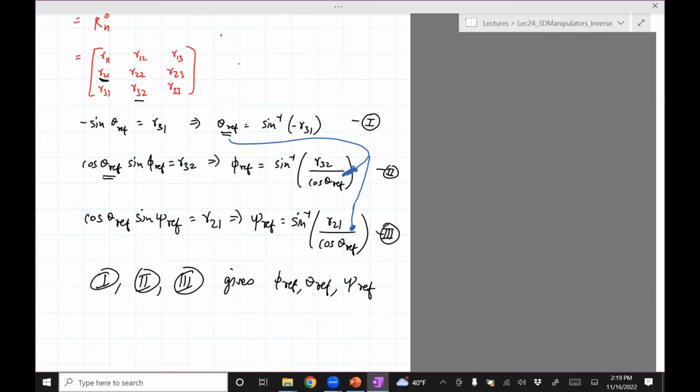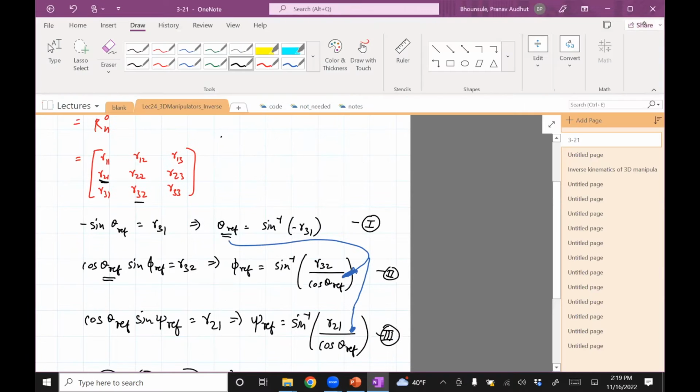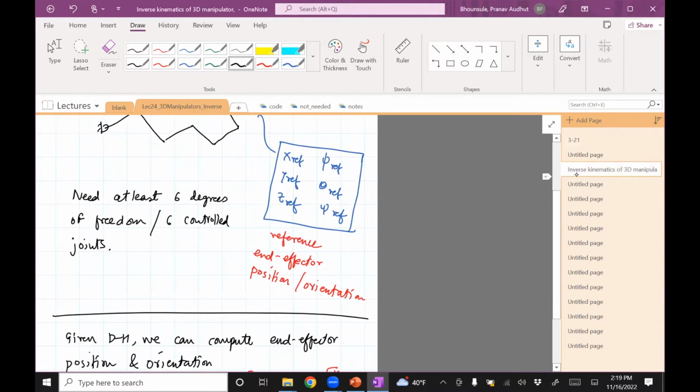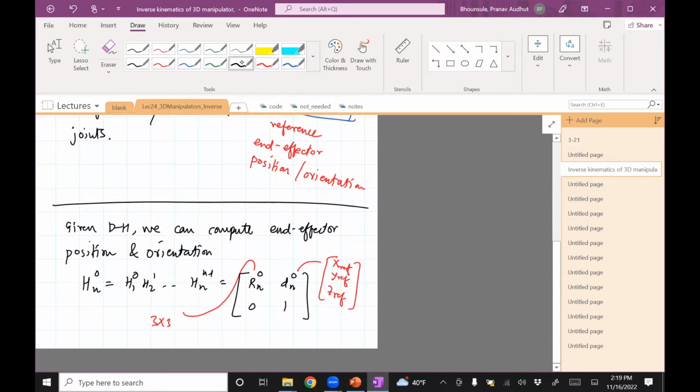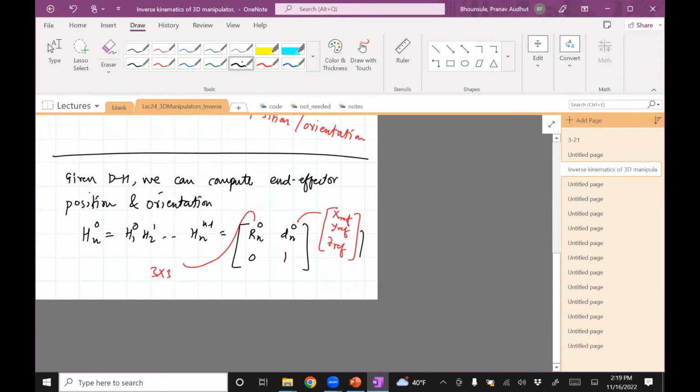Fsolve will basically solve for 6 equations, 6 unknowns. So 6 equations are, these are the 3 equations, 1, 2, 3, which I've written, but then the other 3 will come from here. This will give me the remaining 3. Let's call it 4, 5, 6.